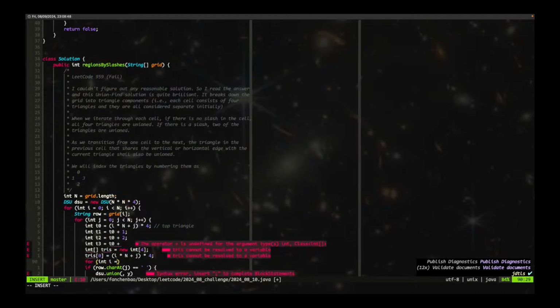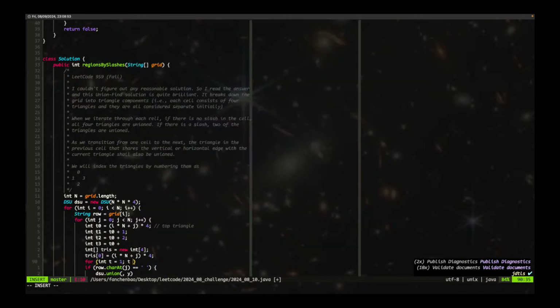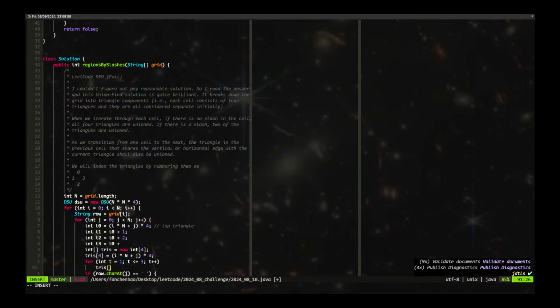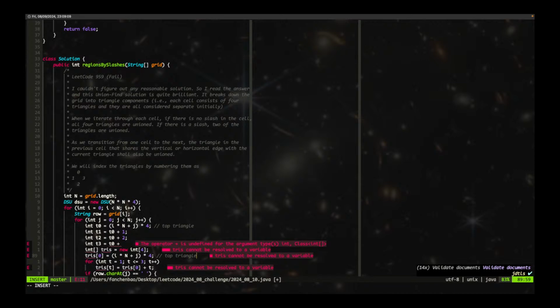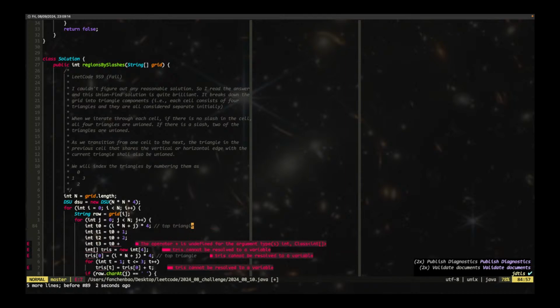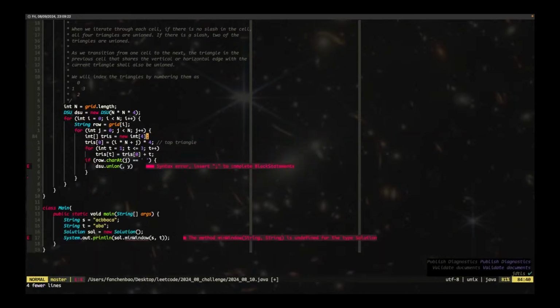Then for int t equal to 1, t smaller or equal to 3, t++, tris[t] equals tris0 plus t, right? Okay, so we got tris triangles, so we have 4 of them.